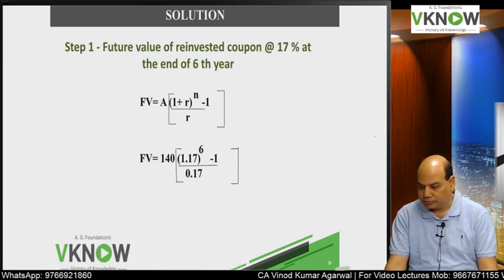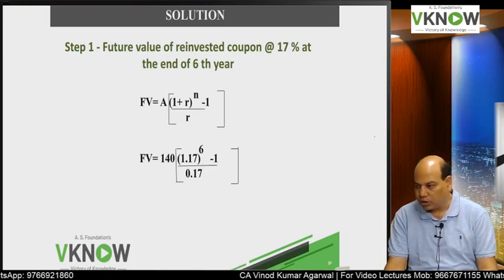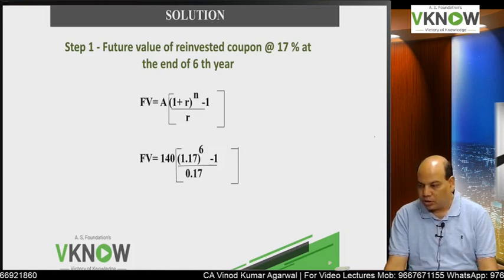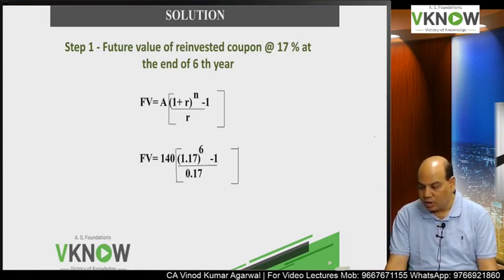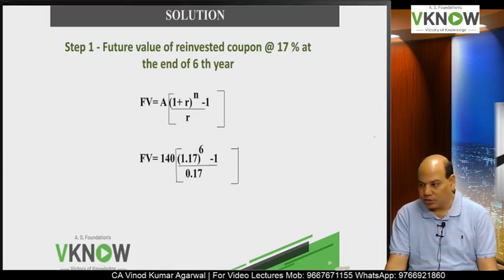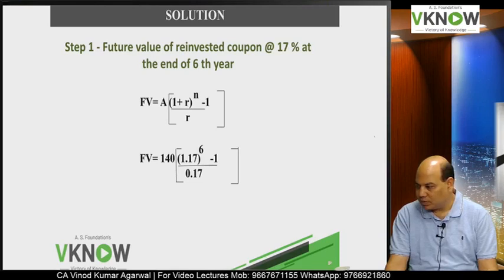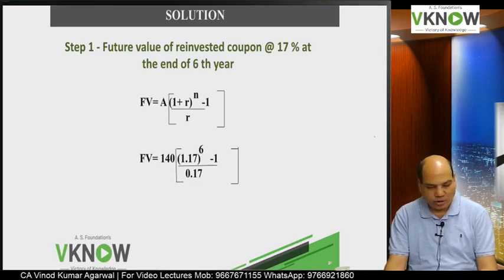So write down the formula again. Future value equals A into (1 plus R to the power n minus 1) upon R, and then you put the values. Annuity is 140 rupees. 140 into bracket 1.17 to the power 6 minus 1 upon 0.16.